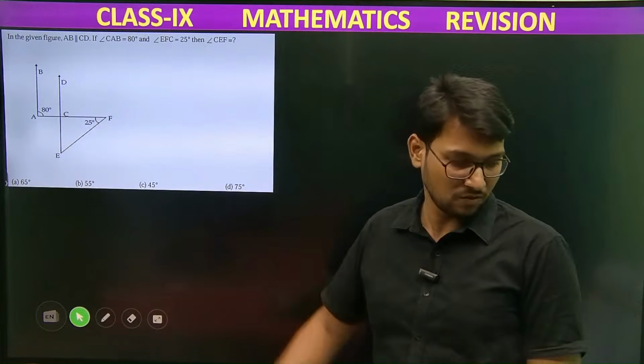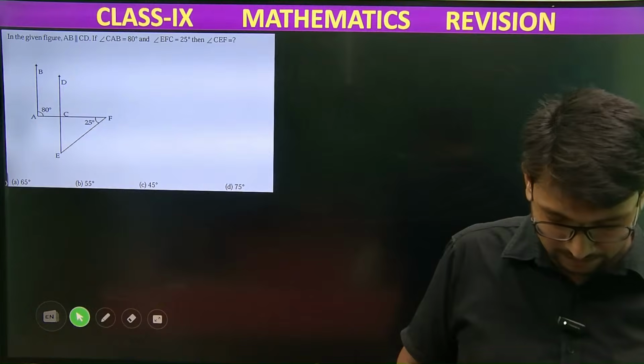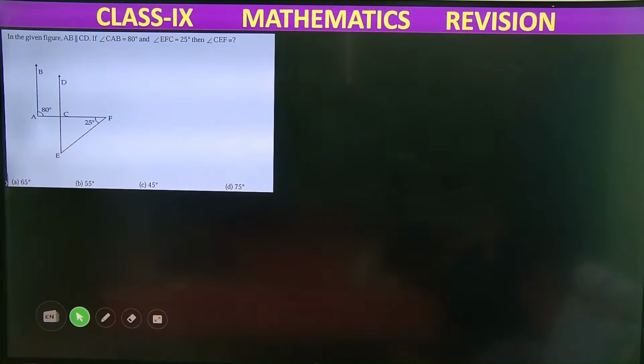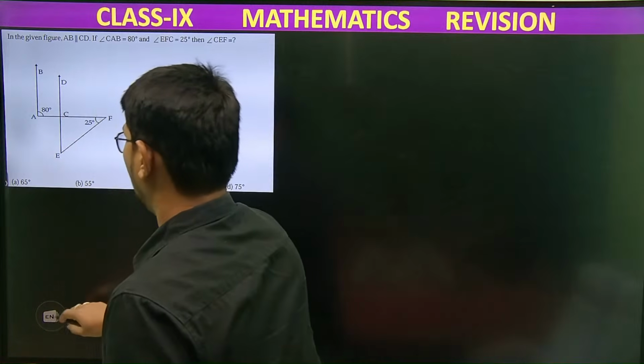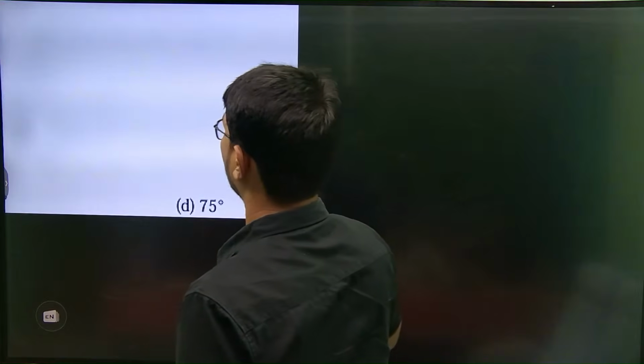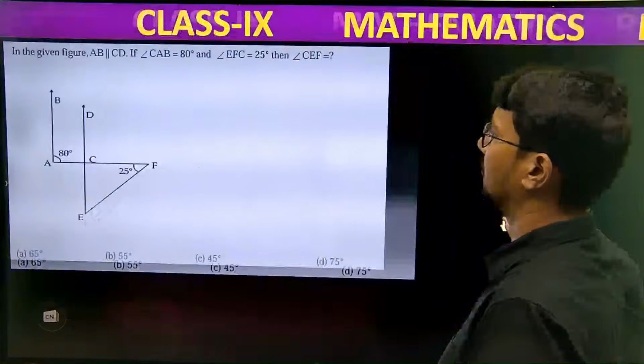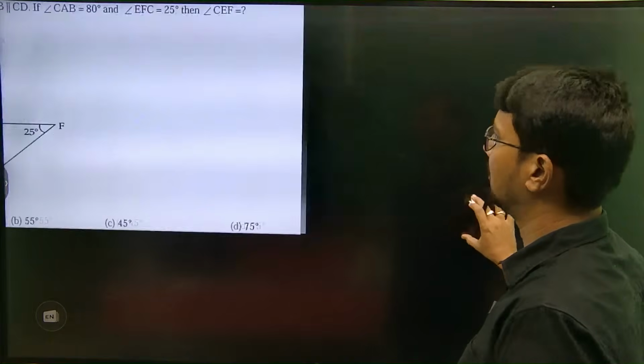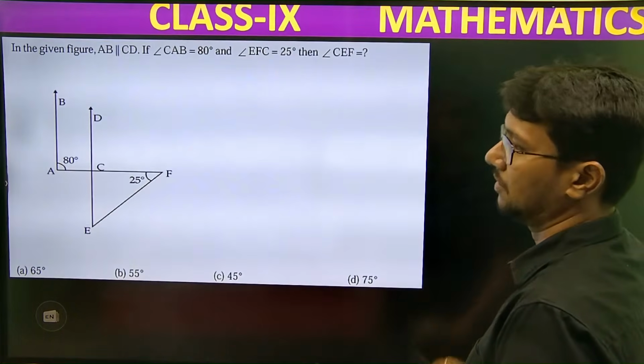The question is visible, write yes or no. Solve it and tell me, everyone. What is the answer? Give the answer quickly. Okay, I will zoom it, it is not visible to you. Now it is visible, tell me.